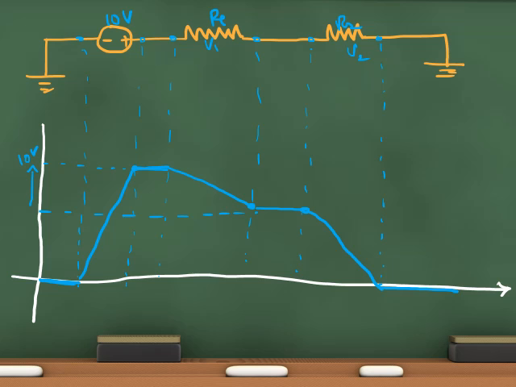From here to here is the drop due to R1, from here to here is the drop due to R2, and combining both drops will be equal to the source voltage of 10 volts. We will derive the relationship in the next slide so that you can understand.